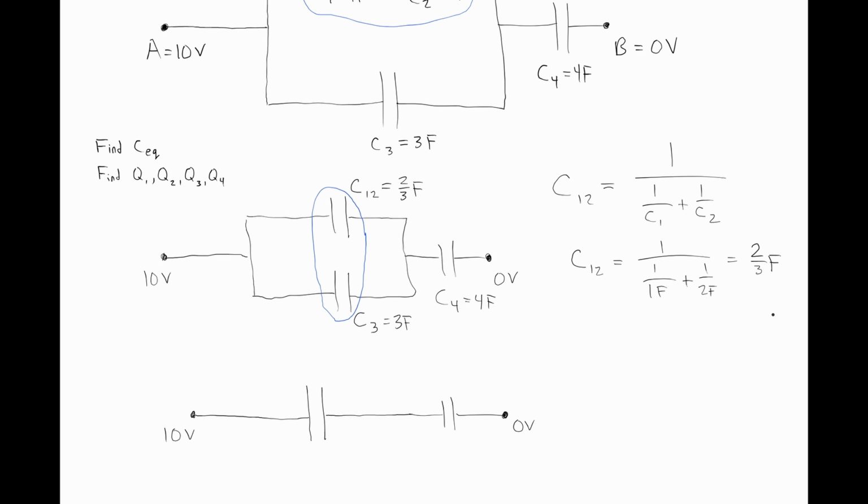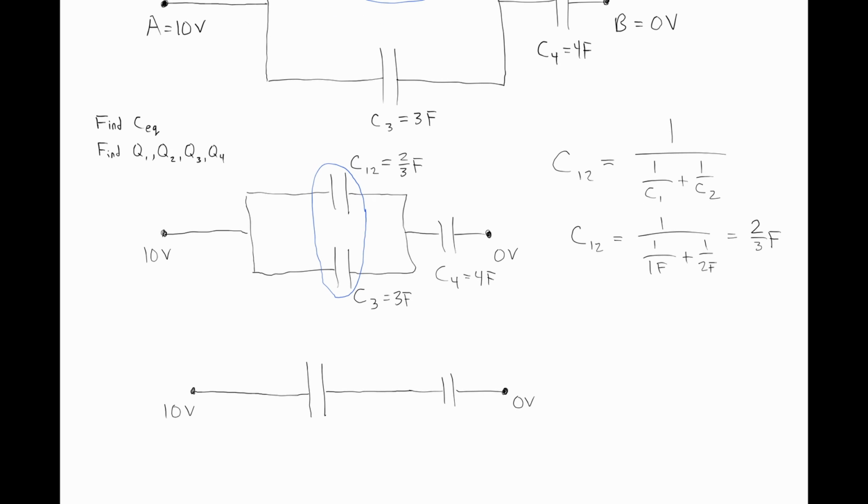And we're just trying to get closer and closer to having just a single capacitor to represent the whole network. This could be called C123 perhaps, and this is C4.